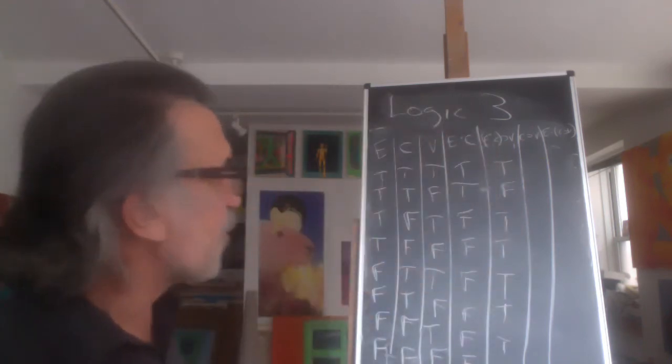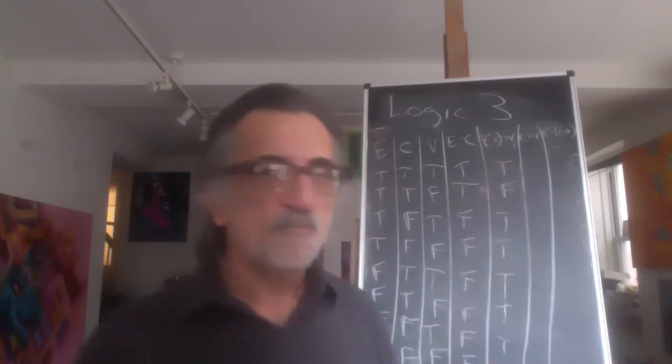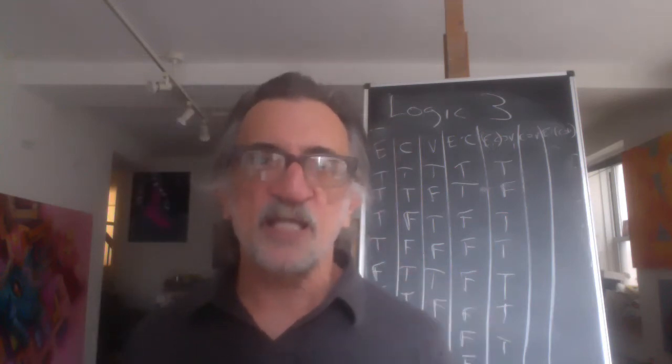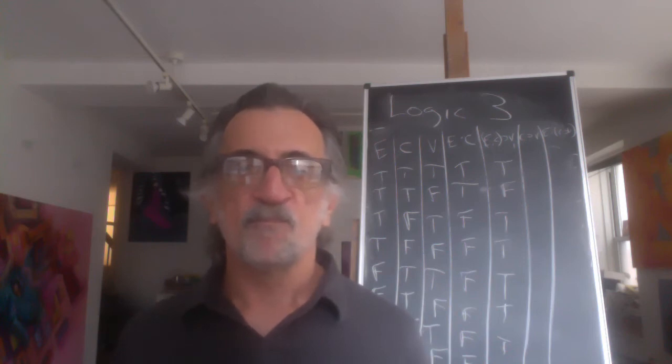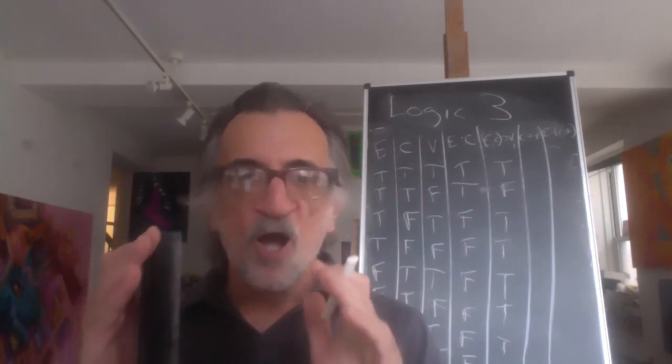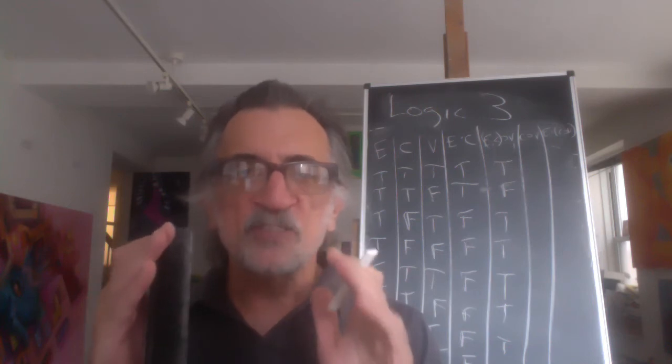True in one case, false in the other, so too the truth value of the whole thing. So this one statement, if I'm at least 18 years old and I'm a citizen, then I can vote, only turns out to be false in one instance.